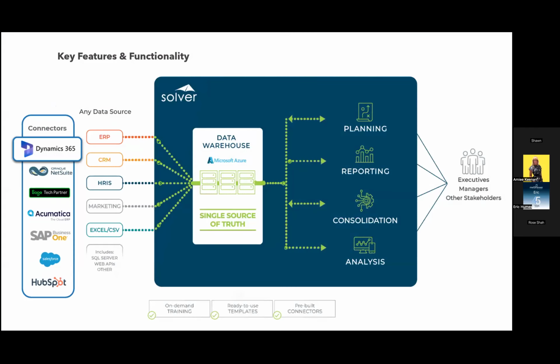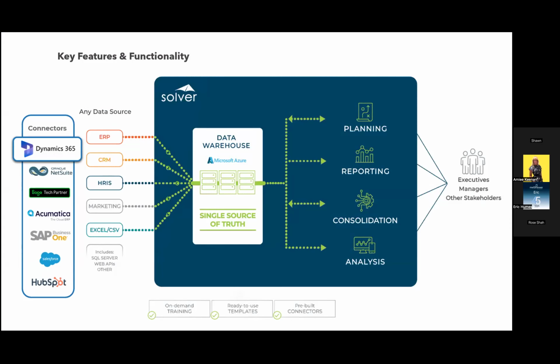So here's the architecture of how everything works in Solver. At the heart of it, we've got Solver's data warehouse, which stores information from disparate systems all into one place. Those systems could really be anything. Of course, it would be all of that financial and operational information that we will be pulling in from GP.